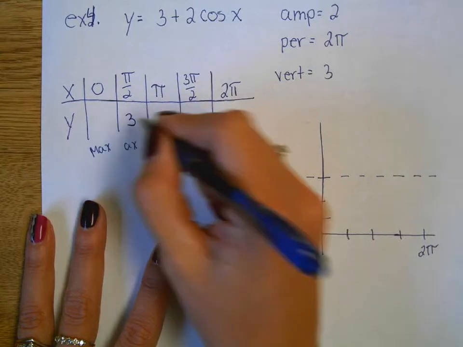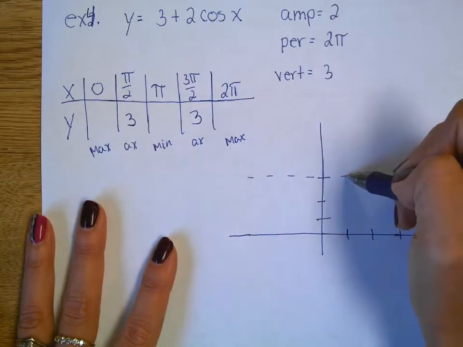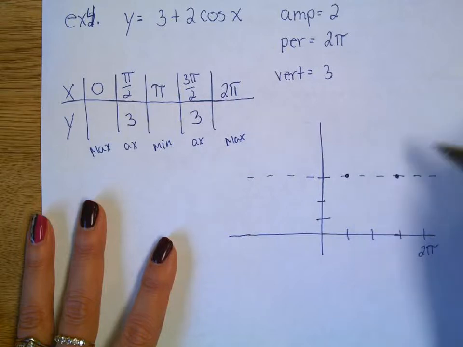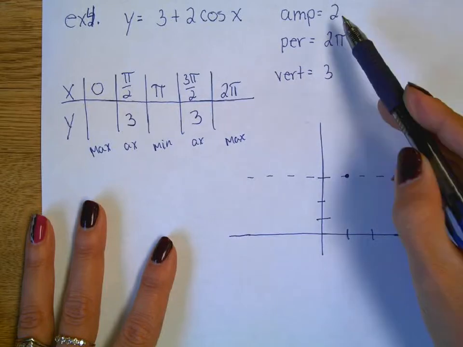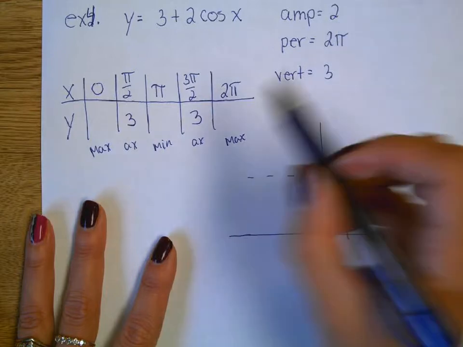So this axis is at 3 and 3. So when I cross this line here, that's what I'm calling an axis. So that's at 3. That's at 3. But you told me it has to start at its max. How far above the axis am I going? 2 above the axis. If I go 2 above the axis, where am I going to be at? 5.